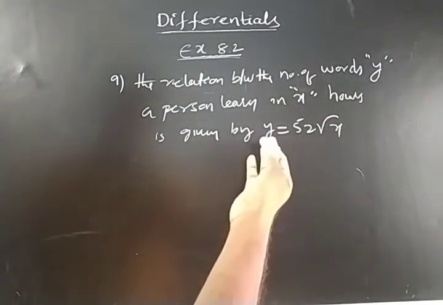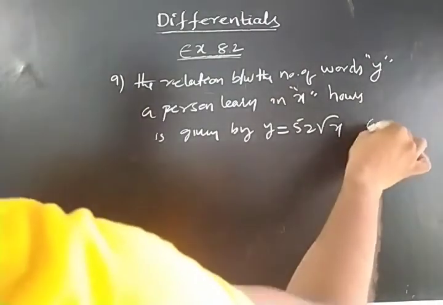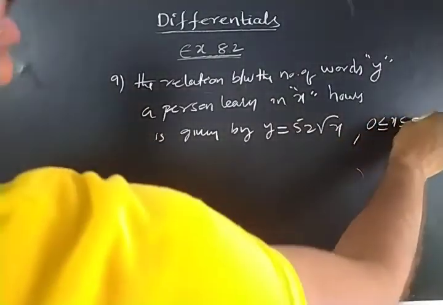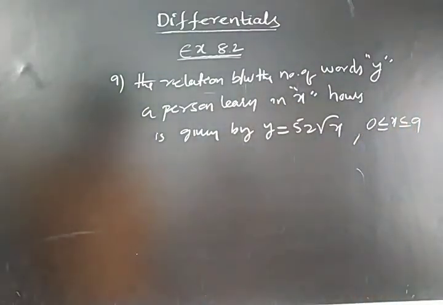So this is the number of words and hours relation, where 0 is less than or equal to x less than or equal to 9. So hours is limited from 0 to 9 hours.